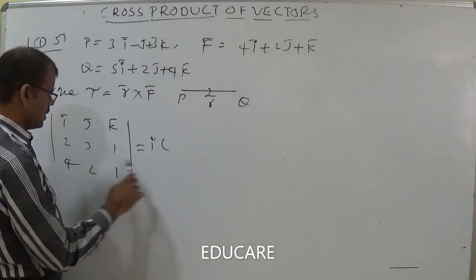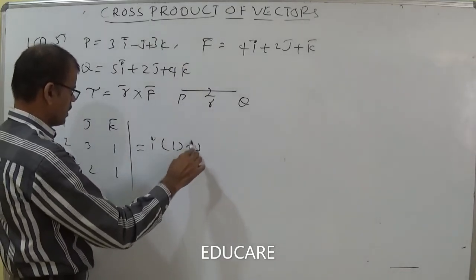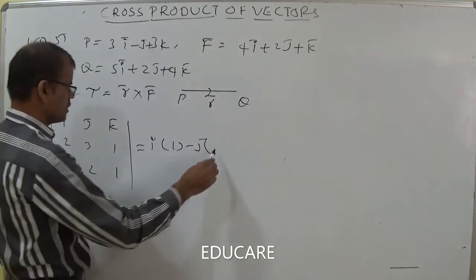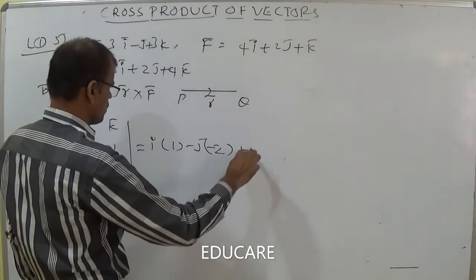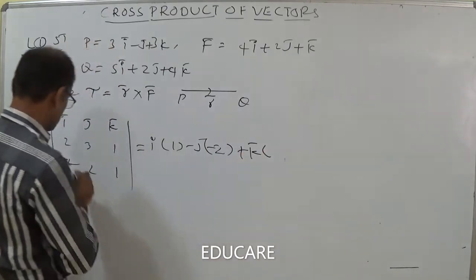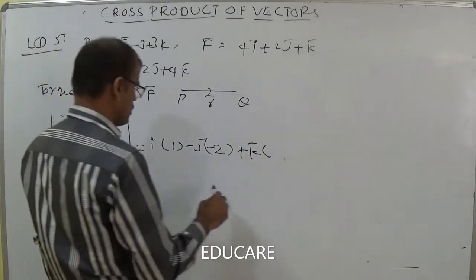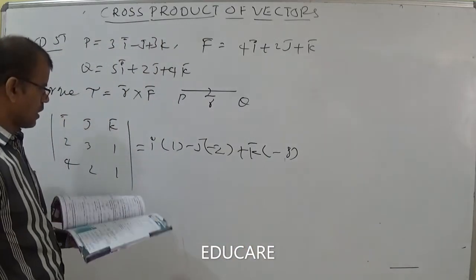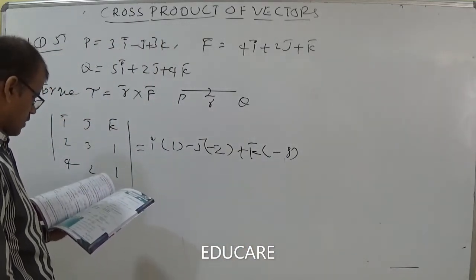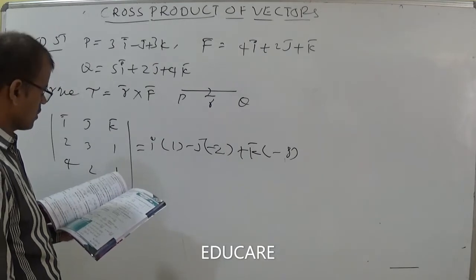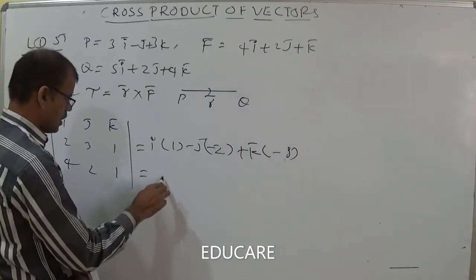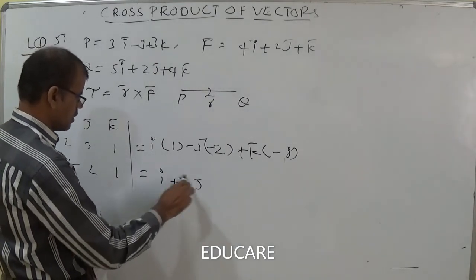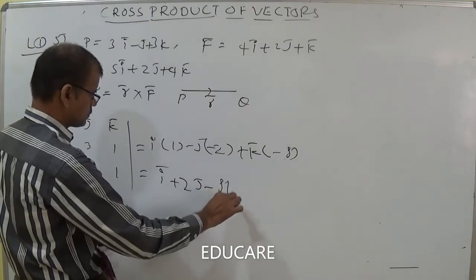So you can write this as i into (3 minus 2), minus j into (3 minus 4), plus k into (6 minus 12). What is 6 minus 12? Minus 6. Now we got the answer matching the option given.